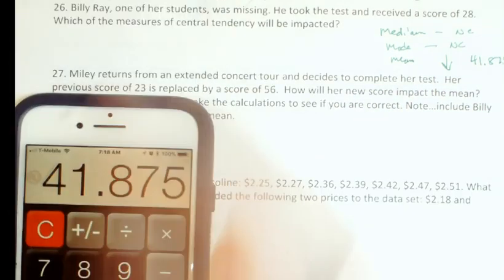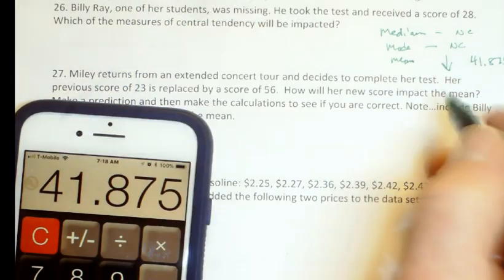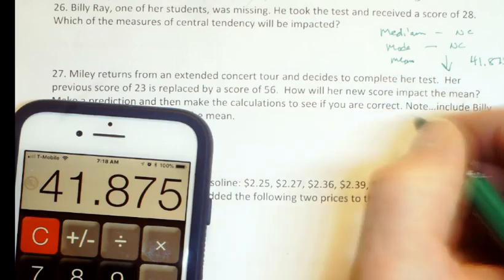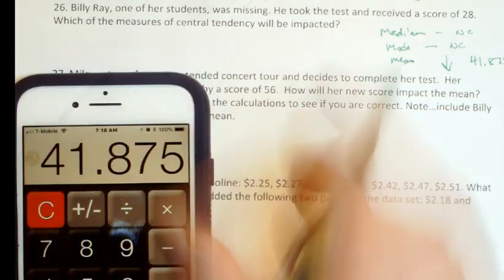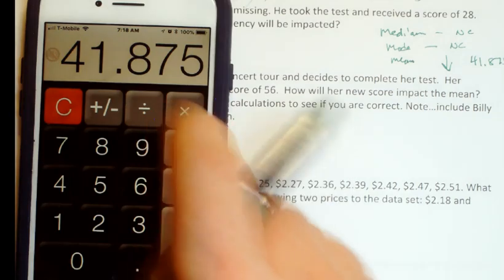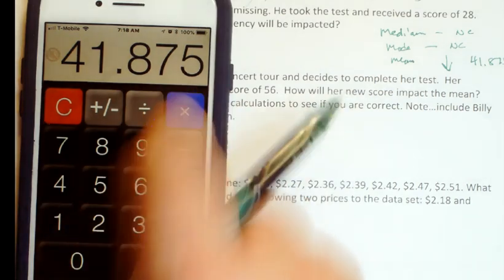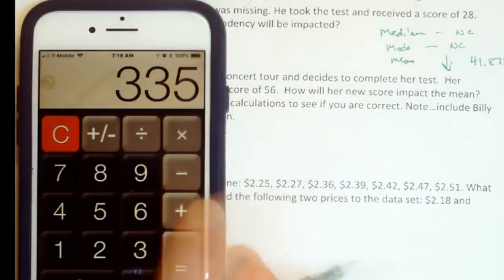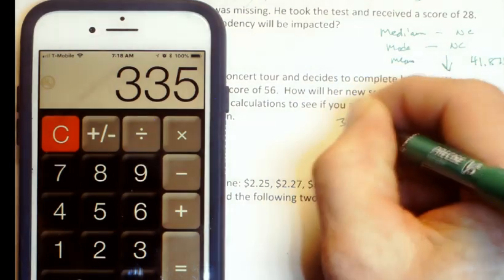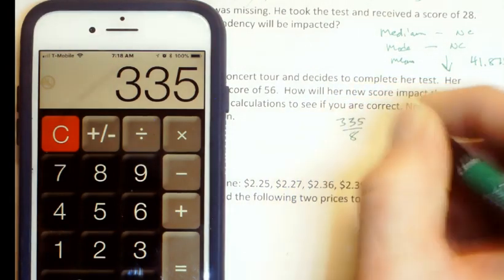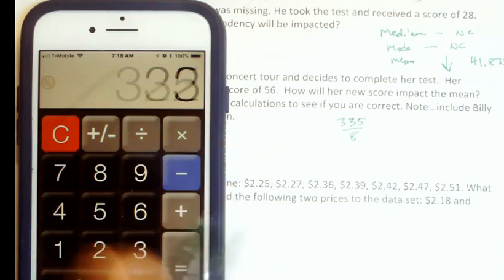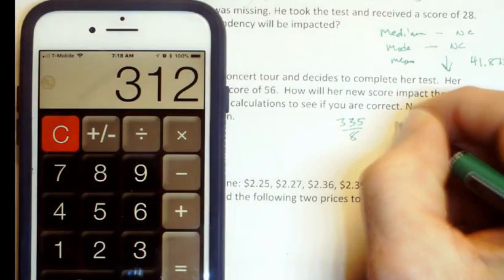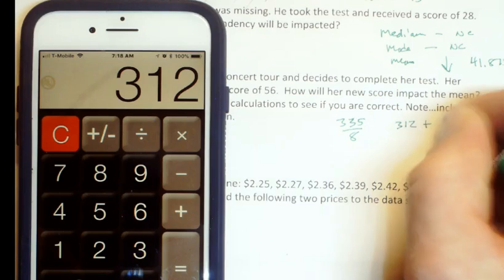Miley's score of 23 is gone, and it's going to be replaced by this score of 56. So let's just multiply this by those 8 scores. So we're back at 335. It was 335 divided by 8. But we're going to subtract Miley's score of 23 from that. We get 312. To that 312, we are going to add her new score of 56.